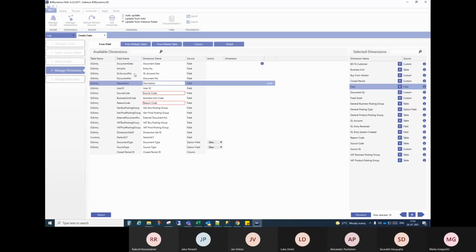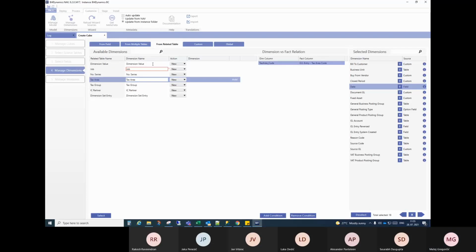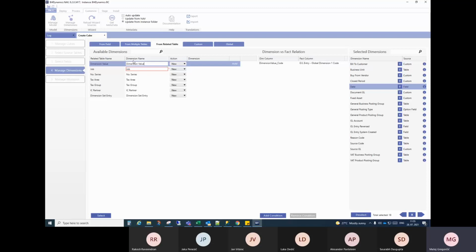So one type of dimension is from field, which will come directly from the field. The other type is from multiple tables. This is rarely used. Another type is from related table, where we know from metadata that one of those tables, let's say tax area, is already connected with the GL entry table. So GL entry, remember, that's the lead transactional table that we use on this fact.